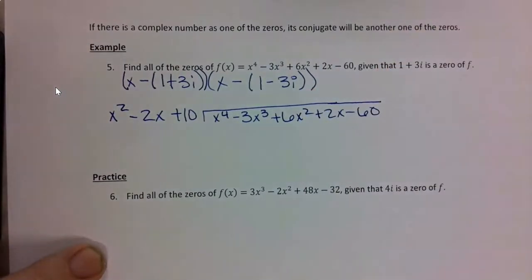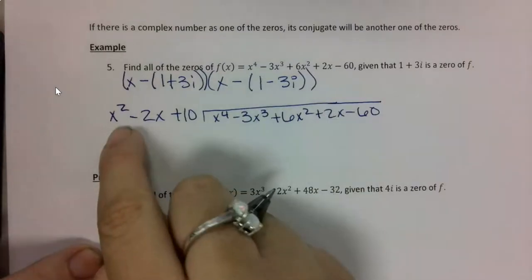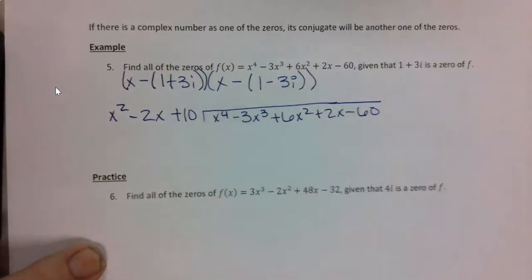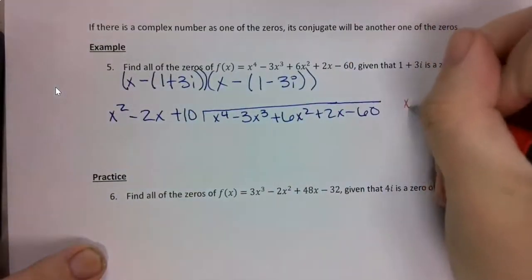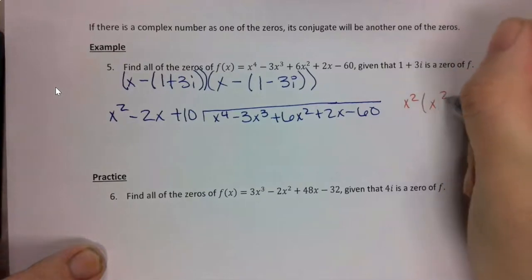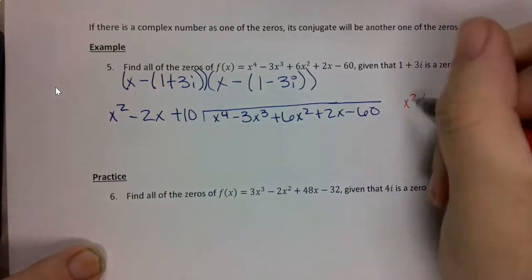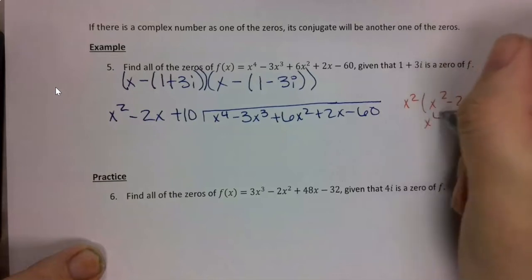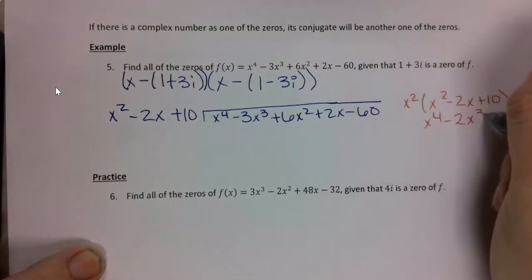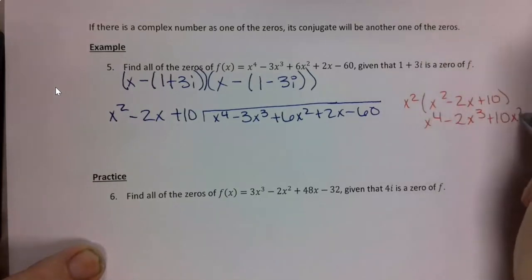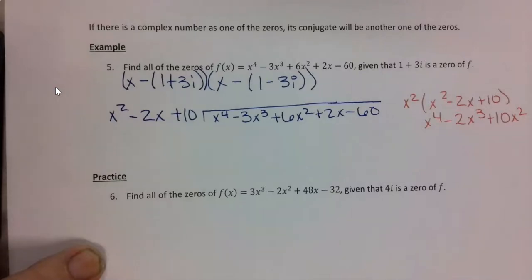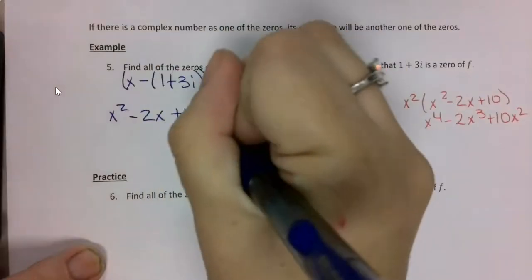Then I'm looking for what multiplies x squared and turns it into x to the fourth. This is another x squared. I distribute, I get x to the fourth minus 2x cubed plus 10x squared. So then I want to write those under the matching terms.